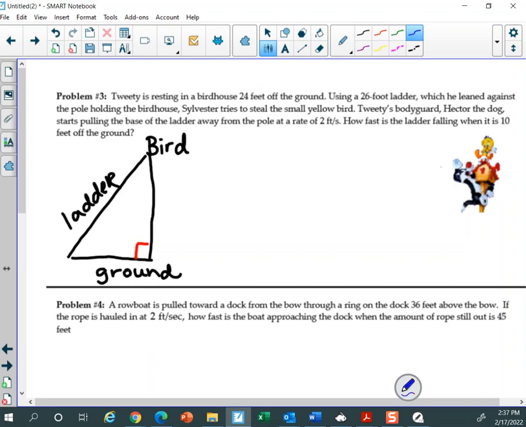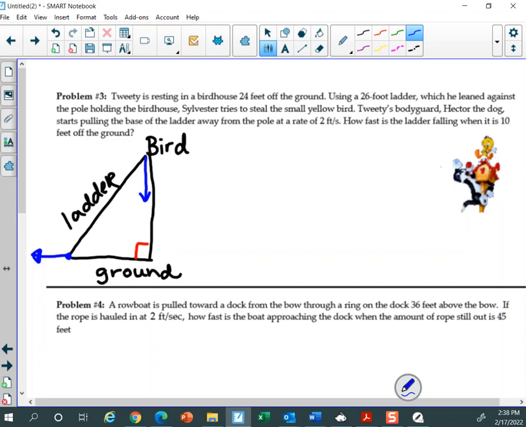Now, here's what's happening. The bottom of the ladder is getting pulled along the ground, and the top of the ladder is sliding down. Okay? And we're waving our hands at a whole lot of physics in this problem.